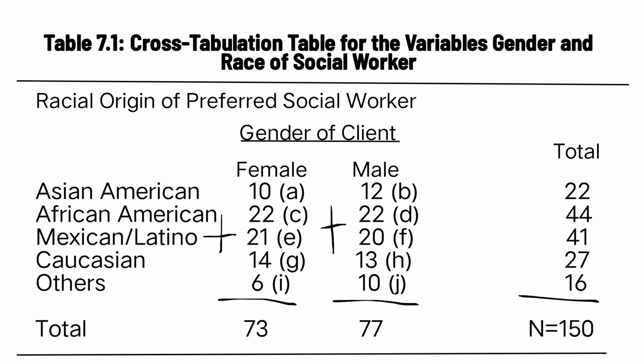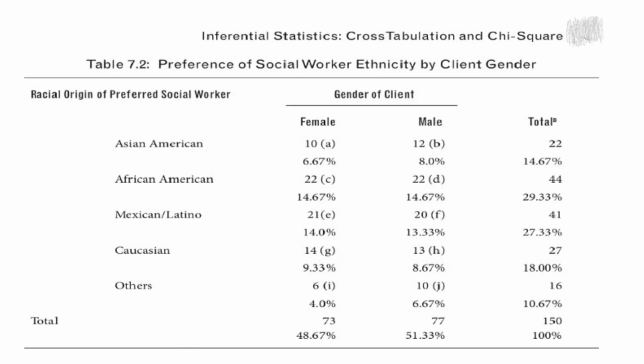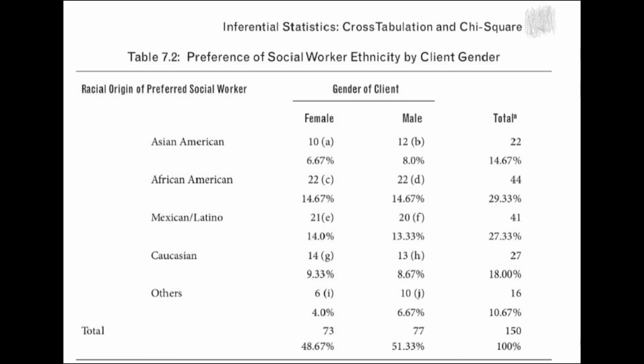So the grand total is 150. Actually, it is the same procedure, the steps on how to work with the clients that we made known, with different numbers and with percentages, not like the other tables.